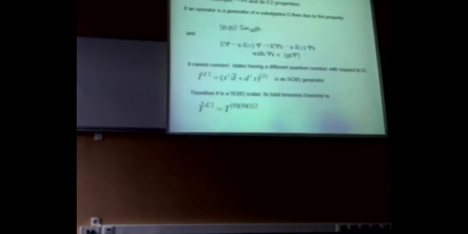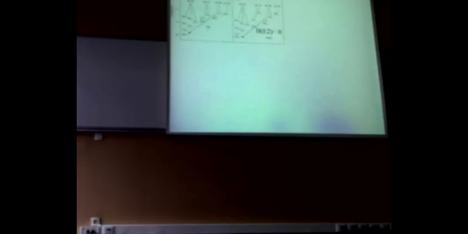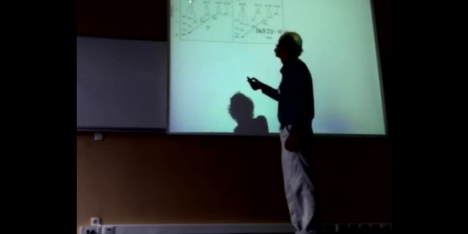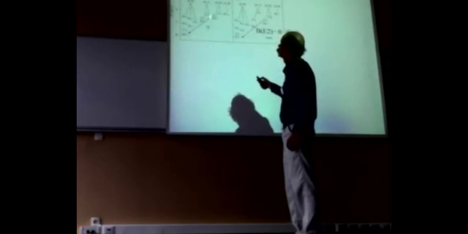Now, the consequence of this is that E2 transitions between different SO6 representations are absolutely forbidden as long as we have a good SO6 dynamical symmetry. Now, this is platinum 195, and what is given here on top are the SO6 quantum numbers. So these states all have SO6 quantum number 6.